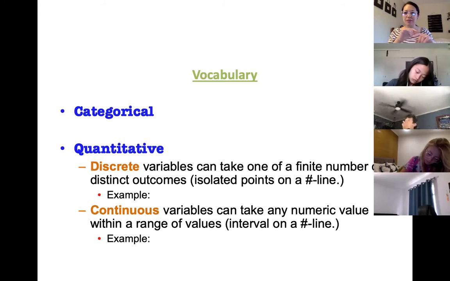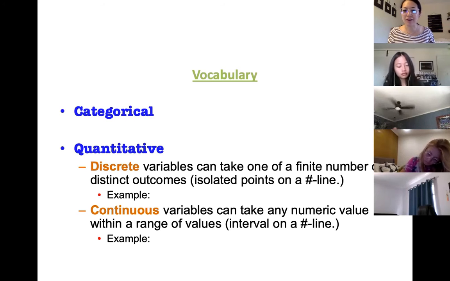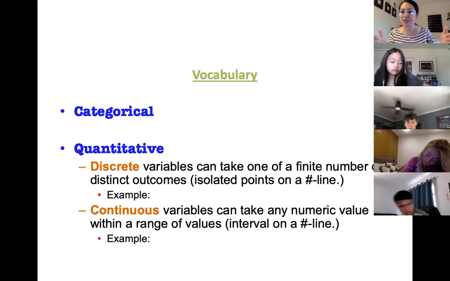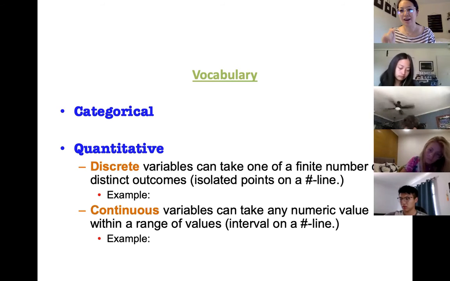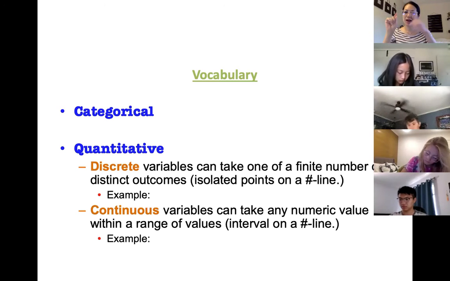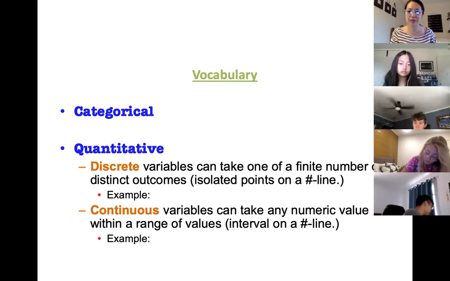If you were to plot all the possible responses on a number line, it would be a bunch of dots. Versus continuous, which can take any numerical value within a certain range. If you graphed all the possible responses, it would be a shaded region on a number line. So isolated points versus a shaded region.